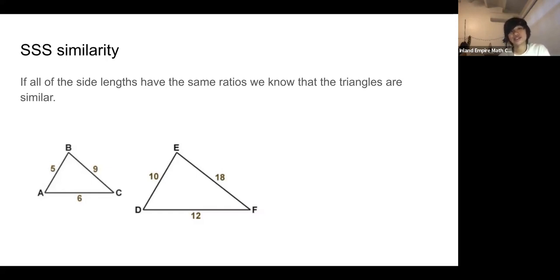So in relation to each other, they are the same. So does anyone want to give it a shot to see if these two triangles have the same side ratios?